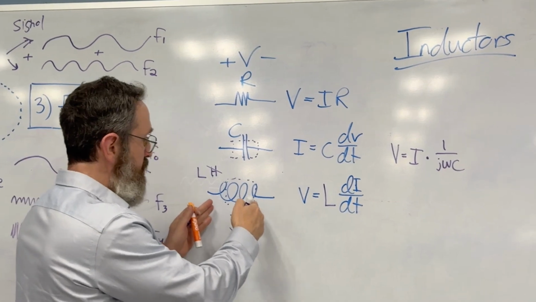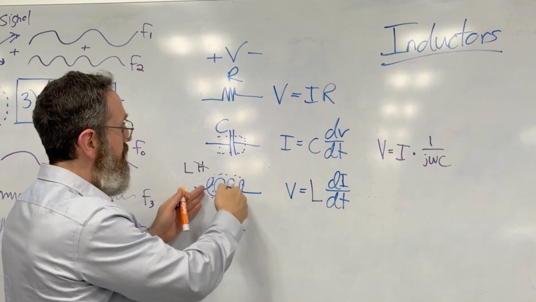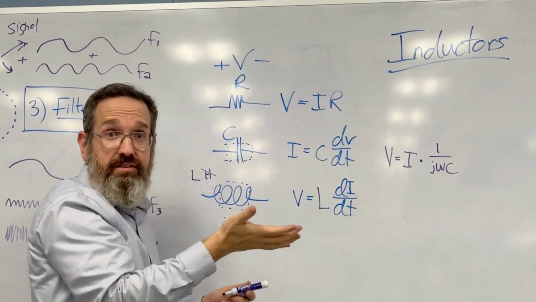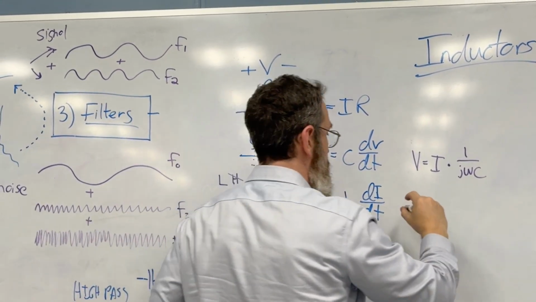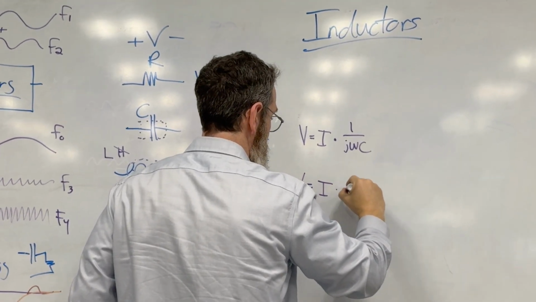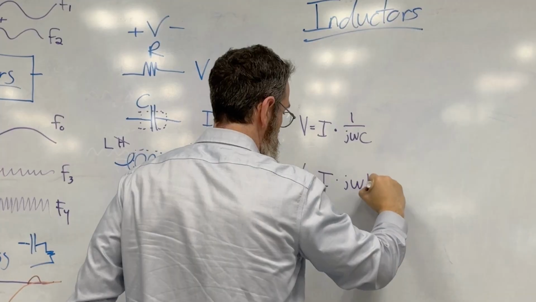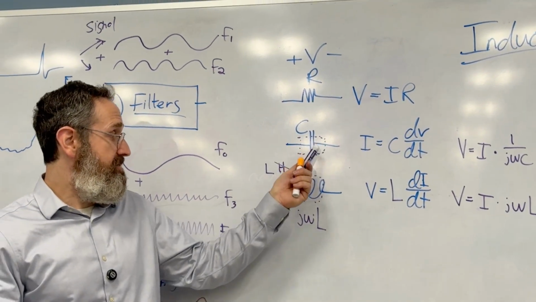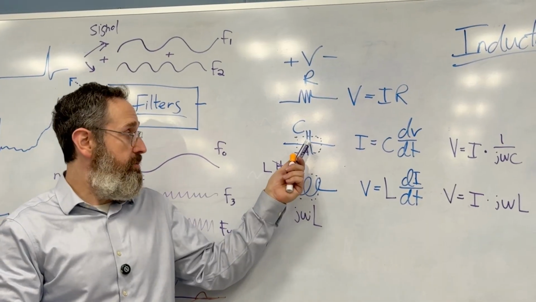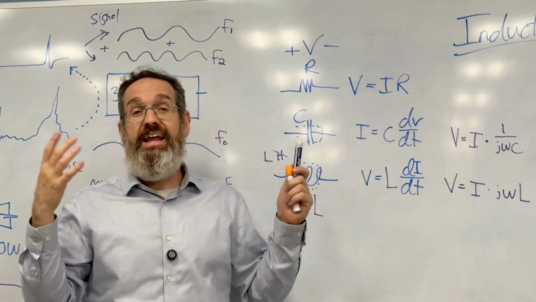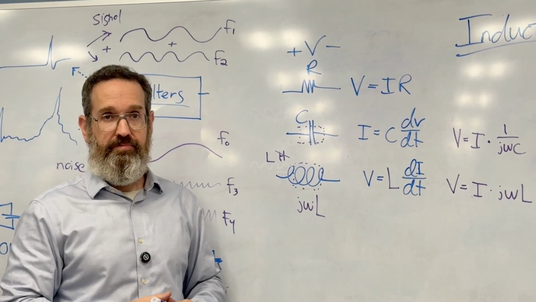And once we replace this with JWL, and we treat it like a resistance, well, JWL is just the resistance, right? And so we can write V is equal to I times JWL. And now we have done the same thing with inductors as we did with capacitors. We have effectively removed the differential, and now we can just treat them like resistors.